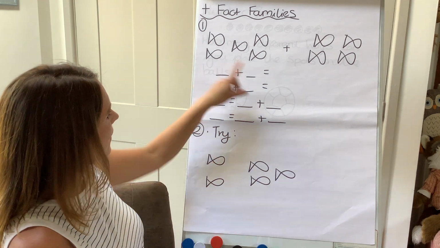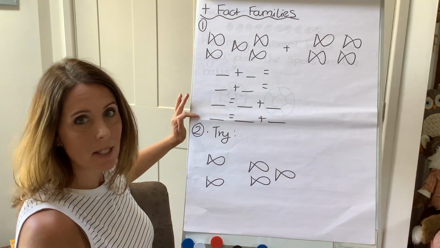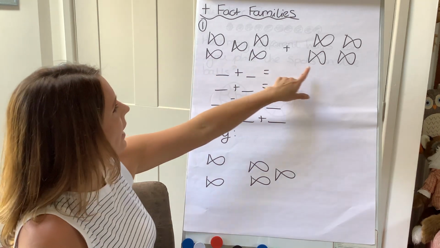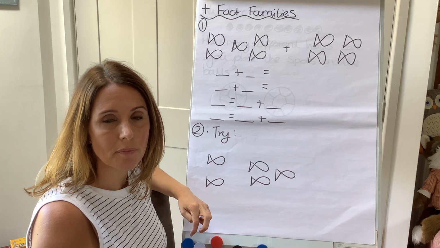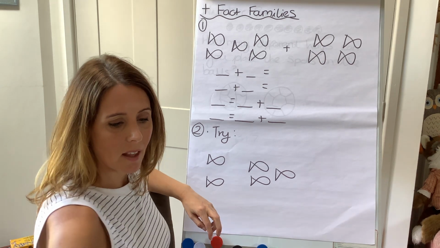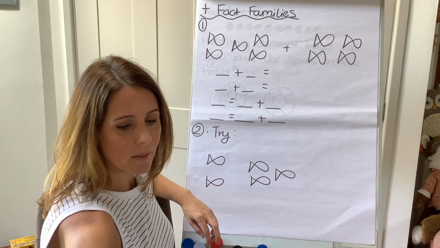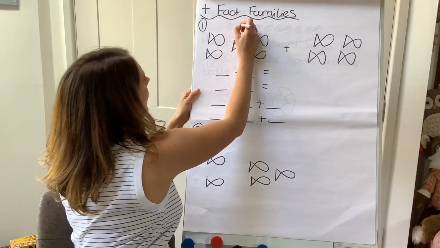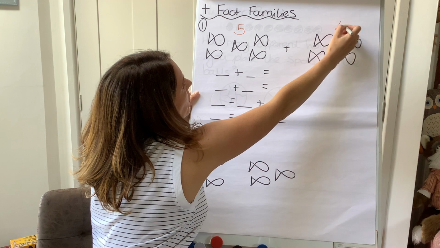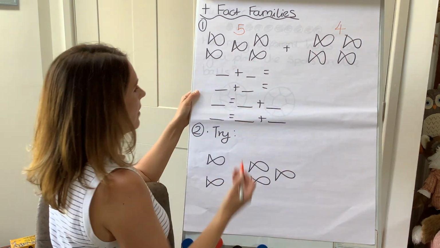So which 4 number sentences can we make out of this addition fact family? Pause this and have a go. Okay, so I'm hoping you found there were 5 here and 4 here. So we're adding together 5 and 4.